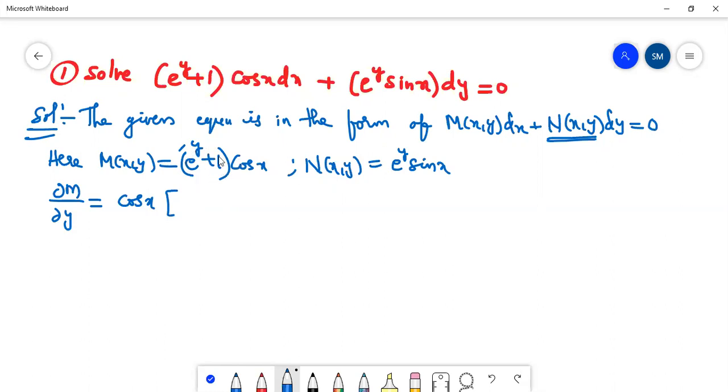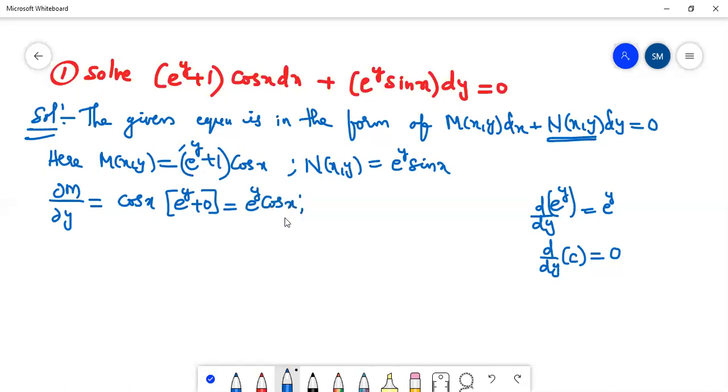We know that d by dy of e power y is e power y only, and the derivative with respect to y of any constant is equal to 0. So it is equal to e power y into cos x only.